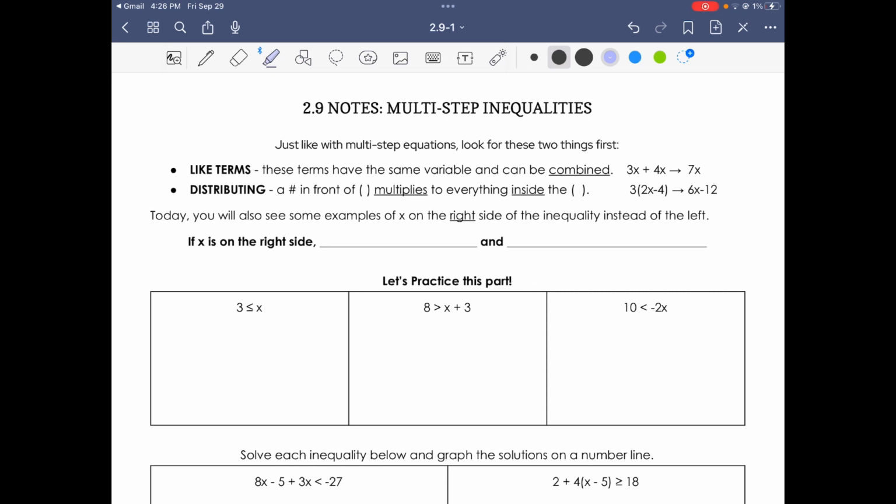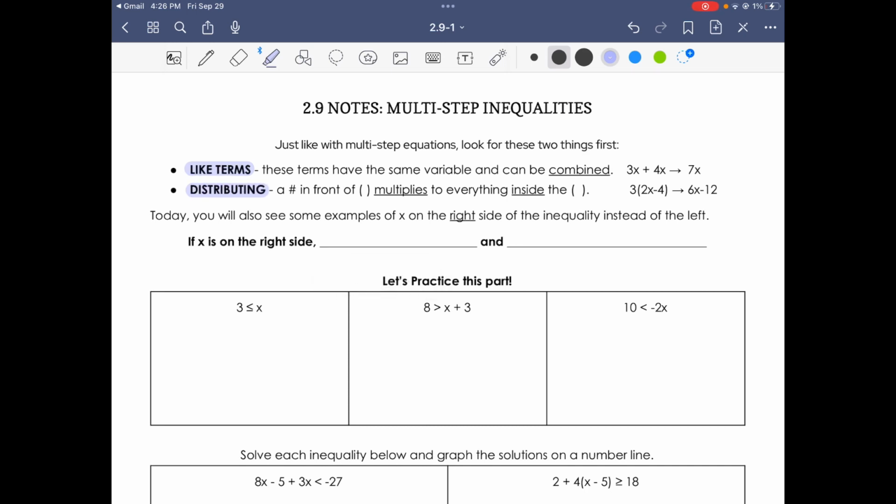Today we're going to be taking what we already know about inequalities and using it to solve inequalities that take 3 or more steps. Since we've already done 1 steps and 2 steps, that third extra step is going to be one of the first 2 things over here on the left, like terms or distributing.